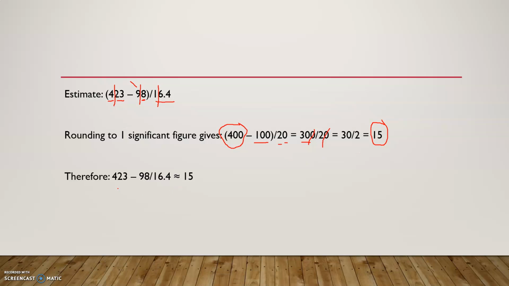However, to work out the approximate value, we have to put this sign. So 423 minus 98 divided by 16.4, the approximate value would be 15, which is a rough value. And this is our answer.